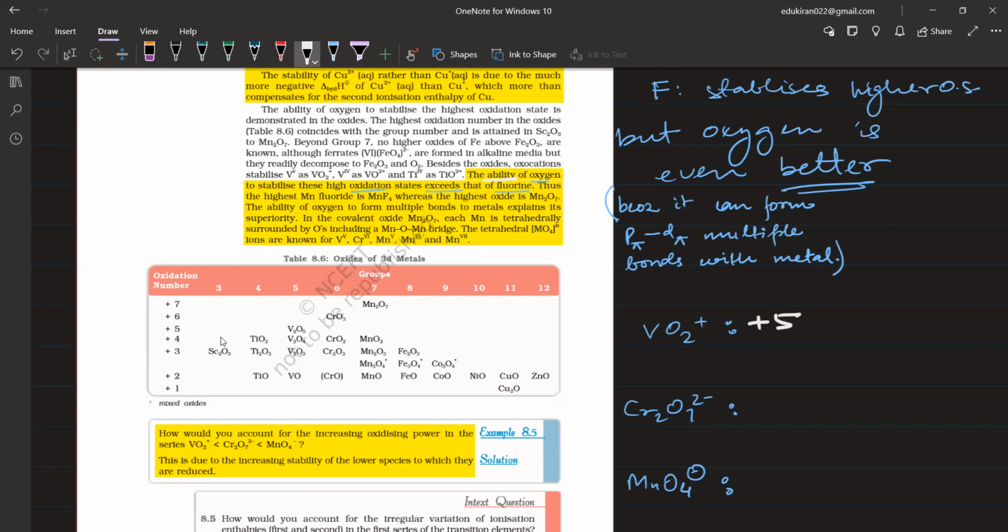What is the oxidation state of chromium here? 6. Oxidation state of manganese. 7. Very good.